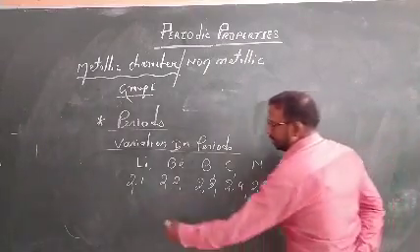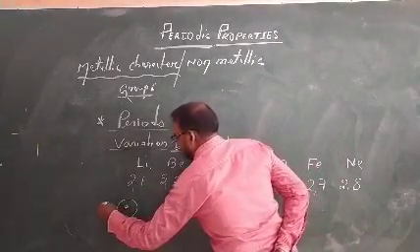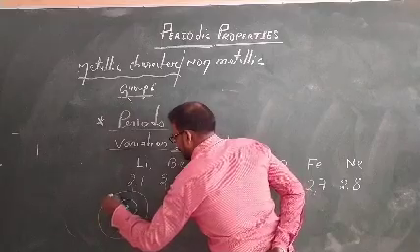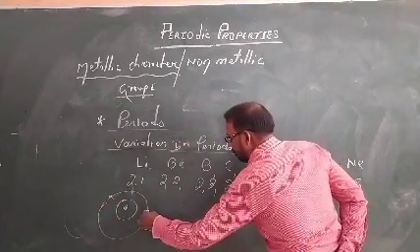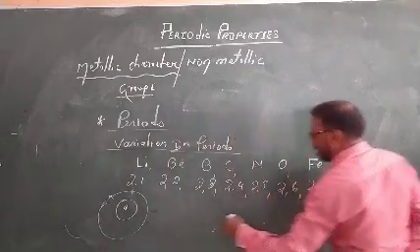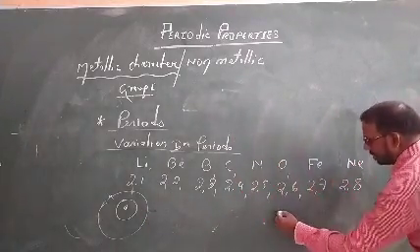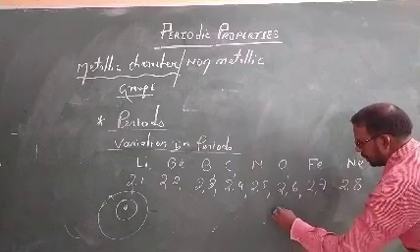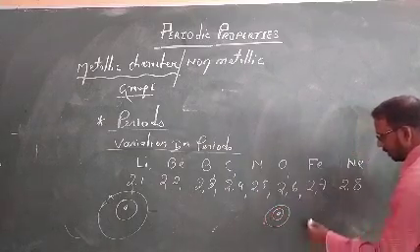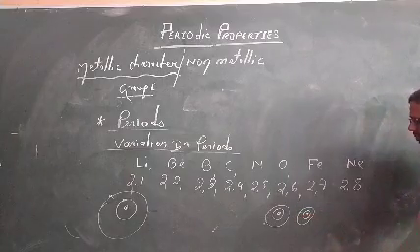And once you make the dot structure, it has 2 shells. All of them have 2 shells, but once you move from left to right, you will find out in the case of beryllium and so on. I am going to draw the image of the last 3 elements: oxygen, fluorine.